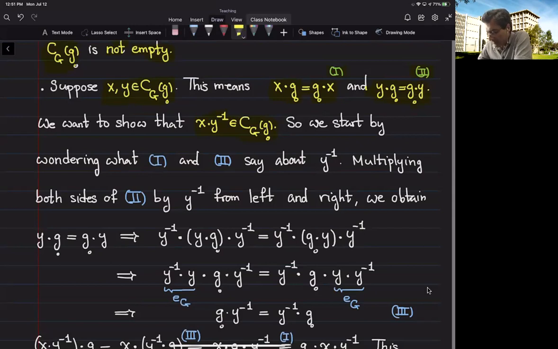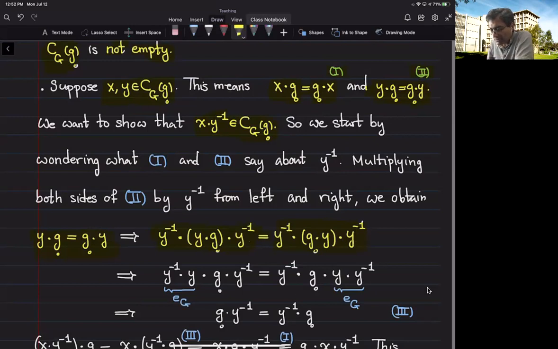When I do as I said, multiplying both sides of this equality by y inverse from right and left, I end up getting this equality. So this is equal to this one.